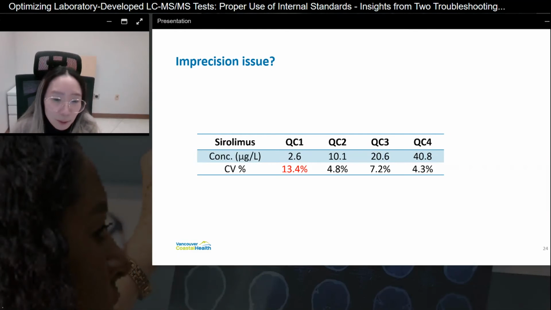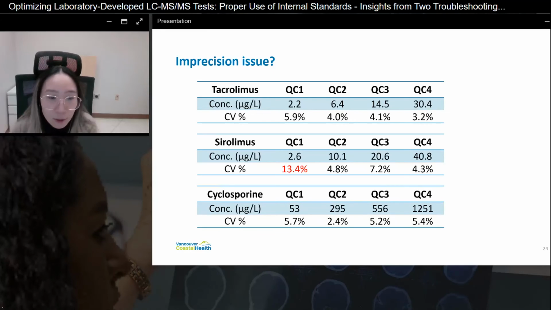The immunosuppressant assay has been running well for years, but we recently started to notice some imprecision issue for sirolimus at the lower end. Occasionally, the CV was even worse than the one that's shown here. In contrast, the same QC for tacrolimus or cyclosporine stays within acceptable range for imprecision.